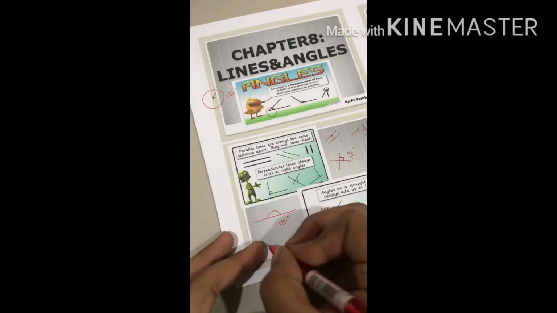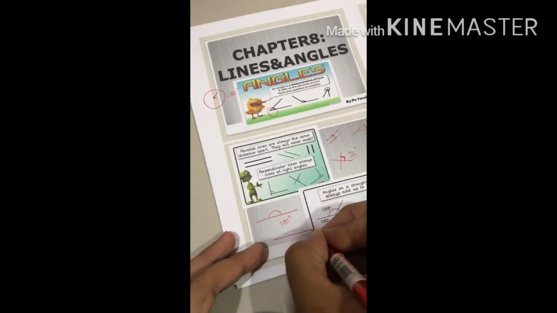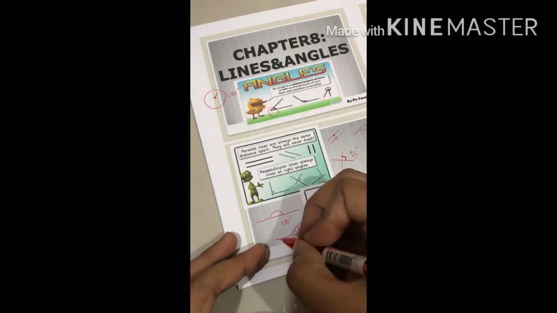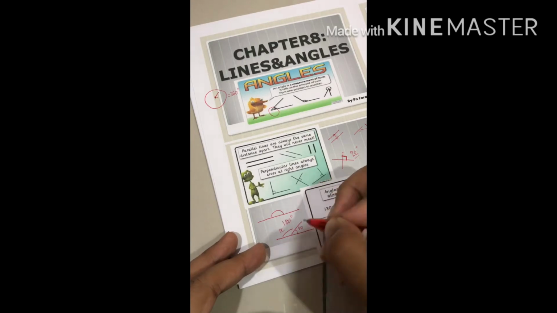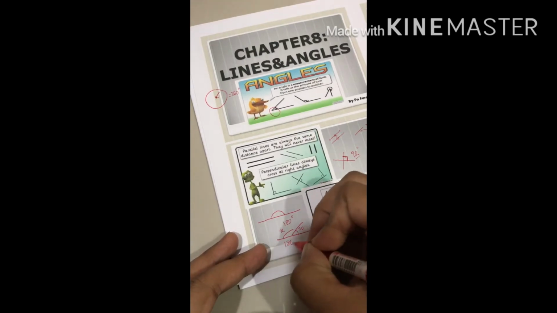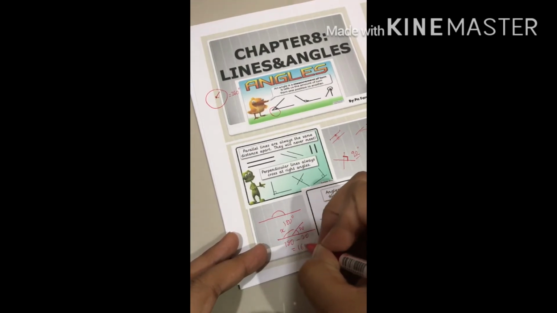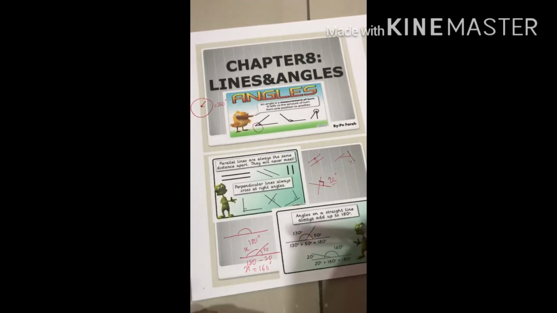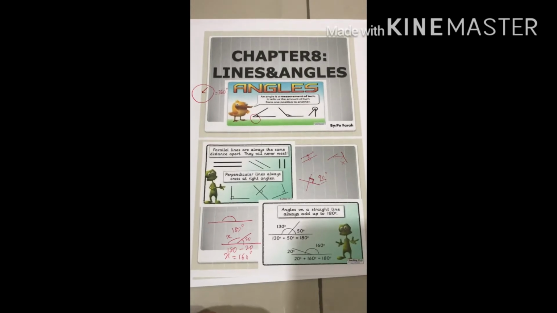Let's say the question gives you one straight line, and this one is 20, and the question wants you to find x. So 180 minus 20 is 160, so x equals 160. All straight lines must equal 180 degrees.